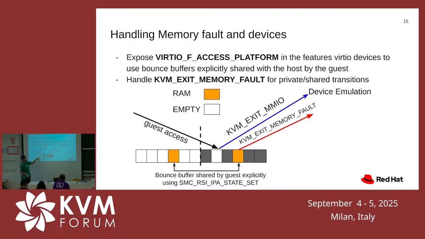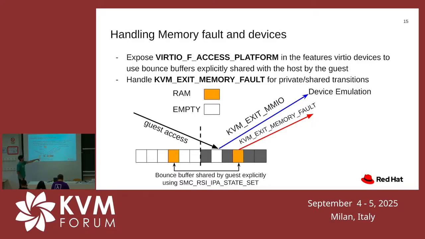Those are statuses in what they call the granule page table or something like this. So those will trigger a Realm exit NS-ID MMIO, which is going to provide device emulation. But then the bounce buffers have to be shared explicitly by the guest.